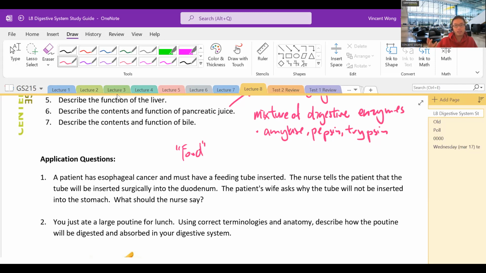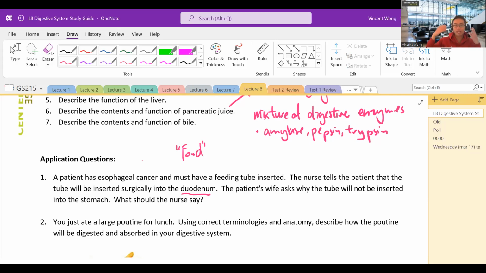That's why there's no need to go into the stomach. You can feed the solution directly into the duodenum, and then let the enzymes from the pancreas continue the breakdown. Again, we're not feeding them solid chunks of food. There's no need to go through the acid phase of digestion.